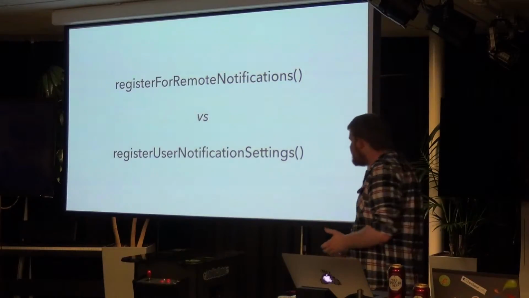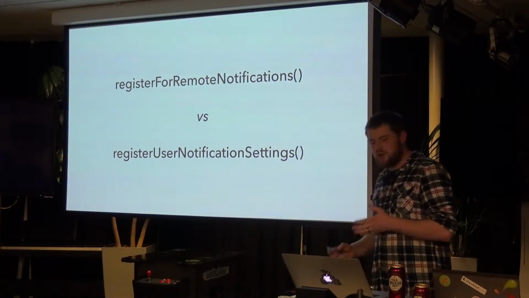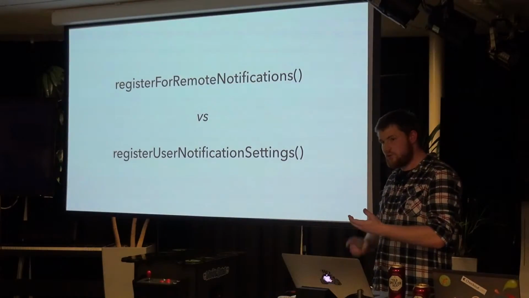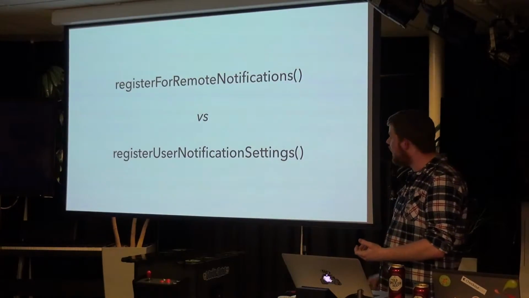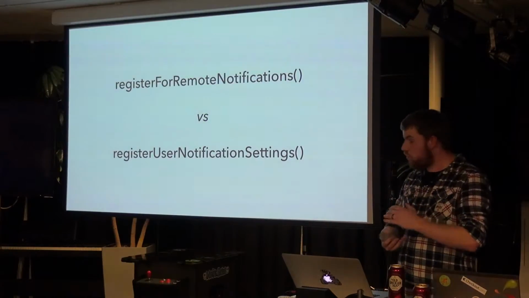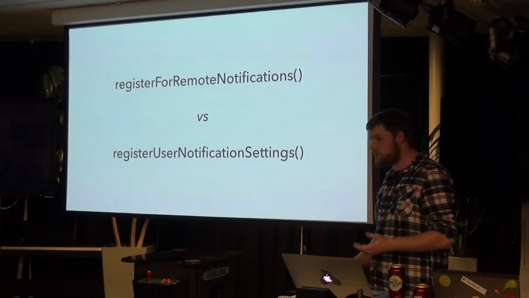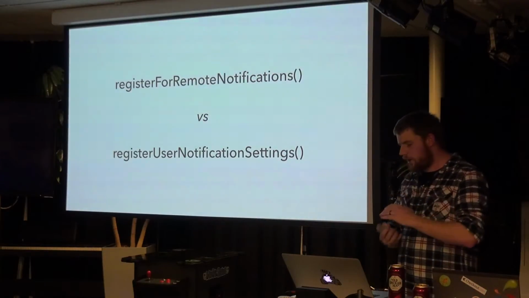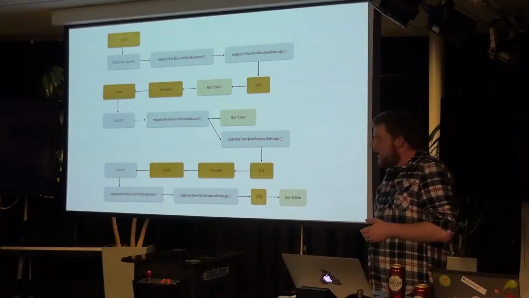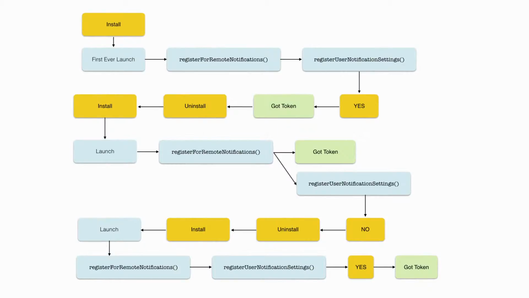And register user notification settings brings up that little window, asks the user for permission whether they'd like to see it or not. But a lot of frameworks will wrap these two method calls up together into one call. For example, Ionic's push library will do this. They'll wrap it up into one, but they behave very differently from one another. And a problem happens here.